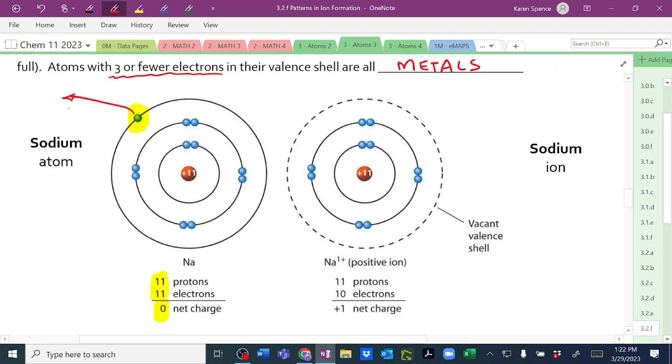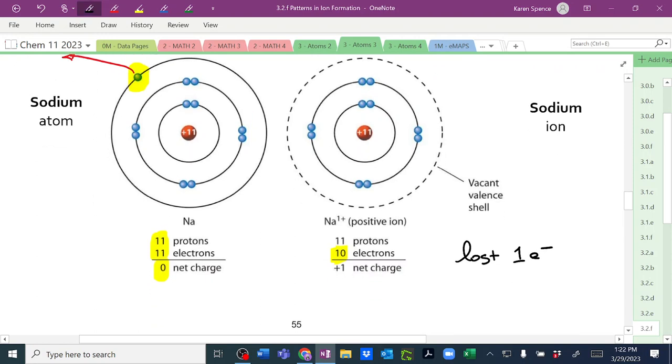Now that outer shell, you can see on the other side, it's empty. It is a vacant valence shell. So now instead of having 11 electrons, now we have 10 electrons. We have lost 1 electron. And if you take away -1, you get +1.